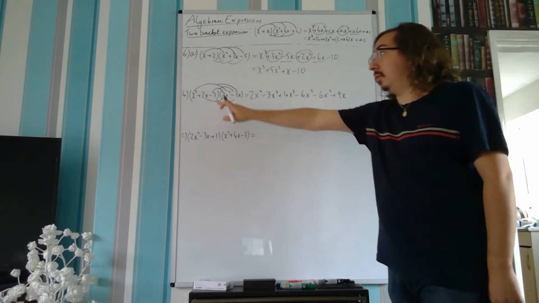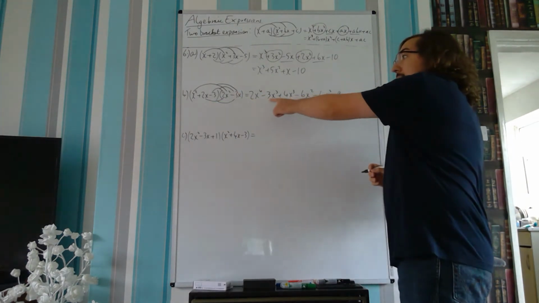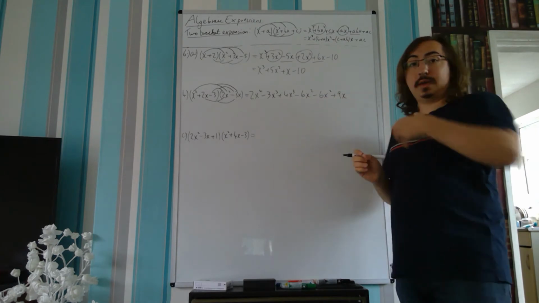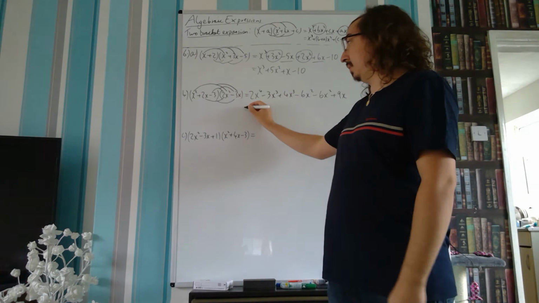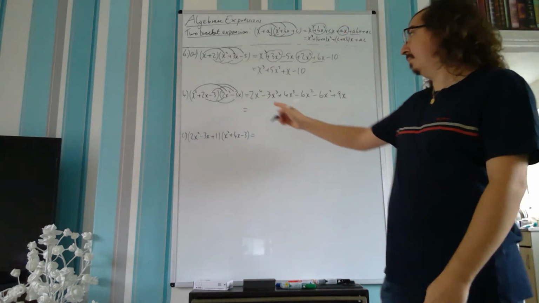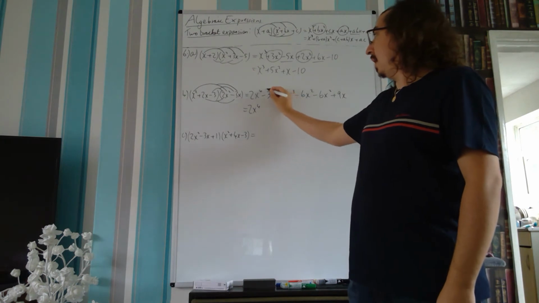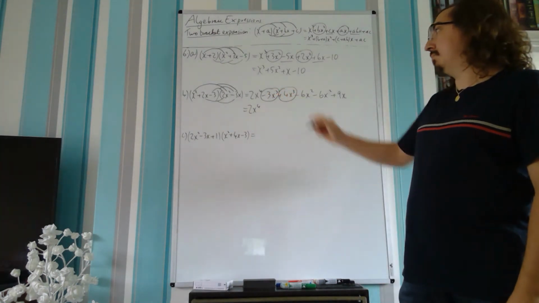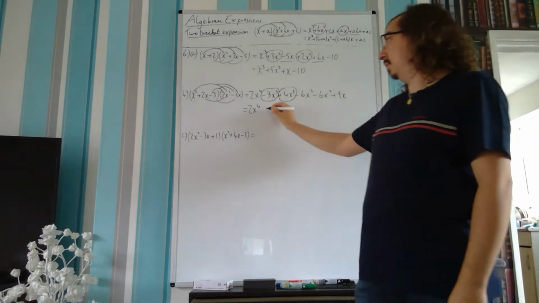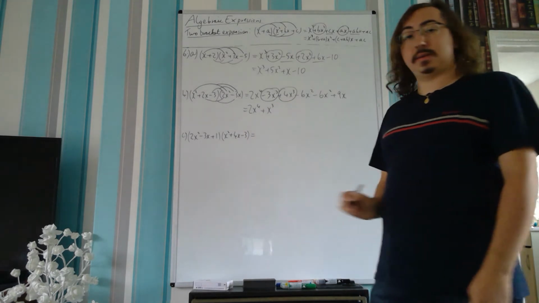Again, the double check, we have a 3 term times a 2 term, 3 times 2 is 6, and indeed I have 6 terms here, so that's a good sign. But we look again and we say, we've got some like terms that we can collect together. So I have 2x to the 4. I have minus 3x cubed plus 4x cubed, which is plus 1x cubed, or just plus x cubed.